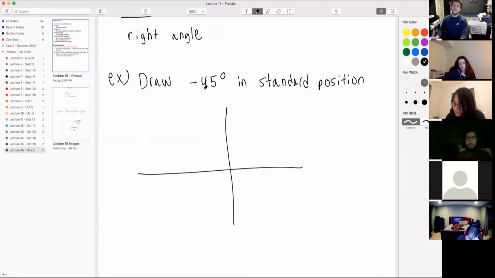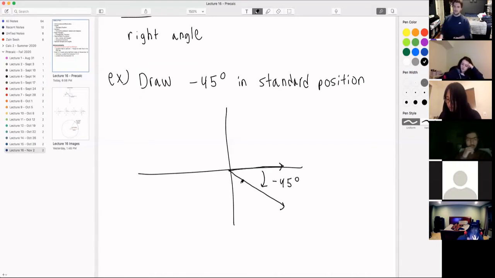Negative 45 is a negative number, so we need to move in the clockwise direction 45 degrees. Here is my initial side, and now I move clockwise 45 degrees. It's going to look like this. We spun out in the clockwise direction, and this will be negative 45 degrees.